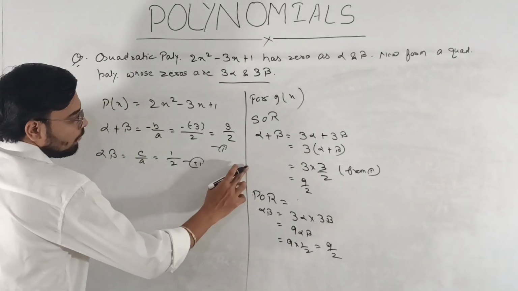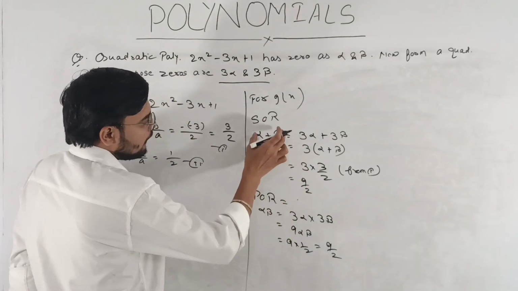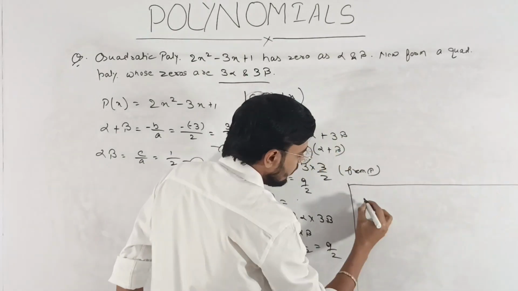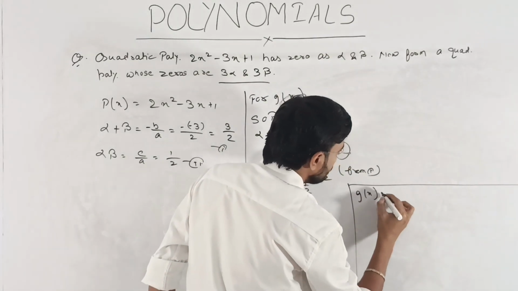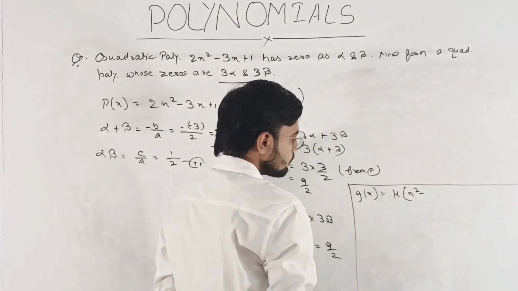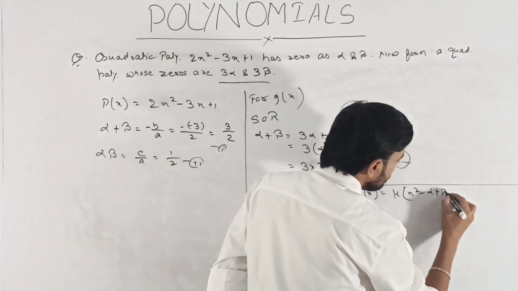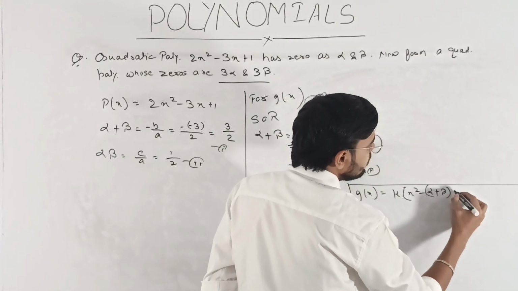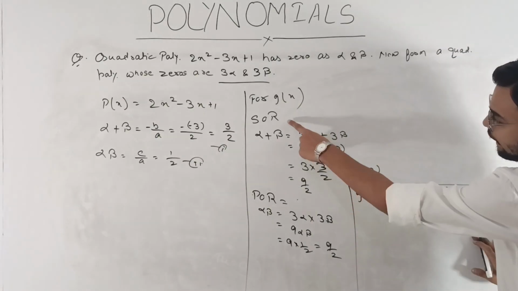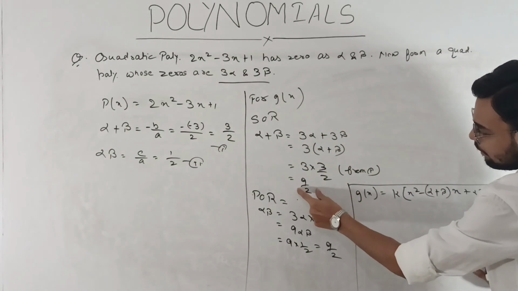Now how do we find it? We put SOR and POR in the formula. What is the formula? Polynomial g(x) is equal to k times x square minus (alpha plus beta), that is sum of roots, x plus alpha beta. Now for this g(x) polynomial, SOR is 9 upon 2.